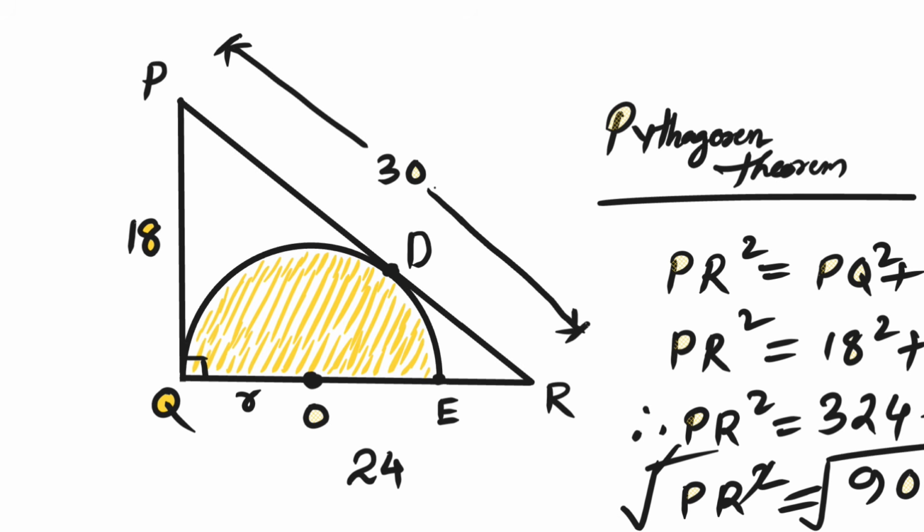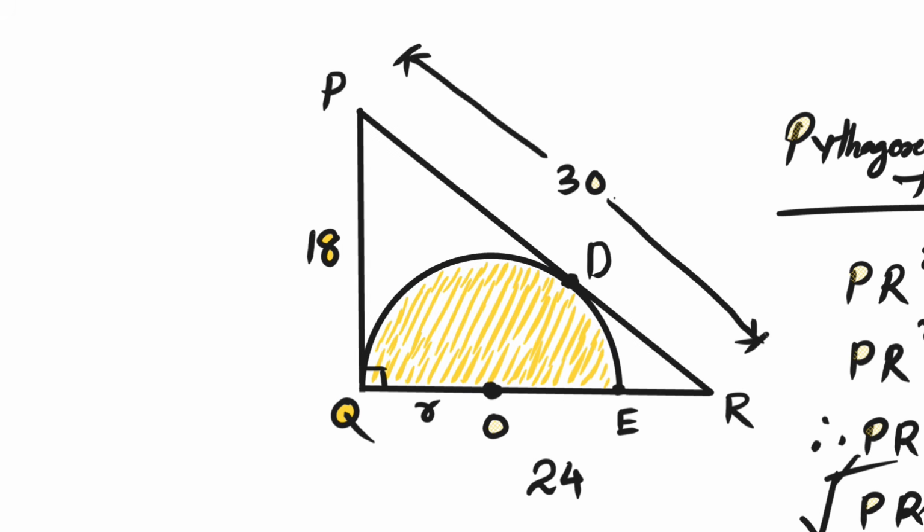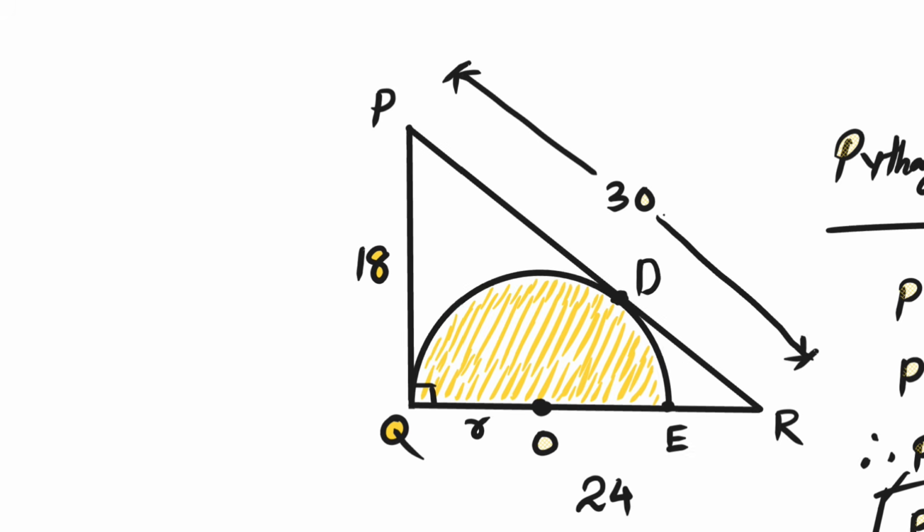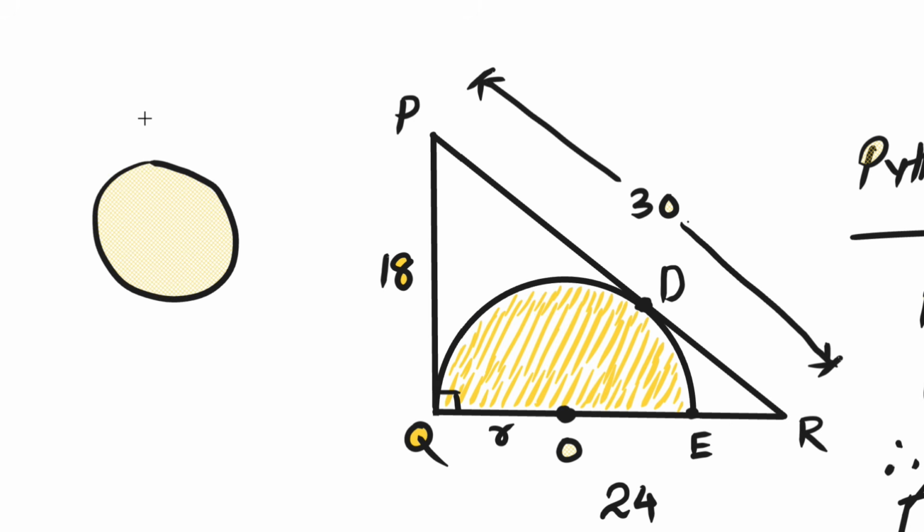Next, we need to determine how much of the hypotenuse is occupied by the segment DR. This is where the equal tangents theorem becomes useful. The theorem tells us that if two tangent segments are drawn from the same external point to a circle, those two tangent segments have equal lengths.